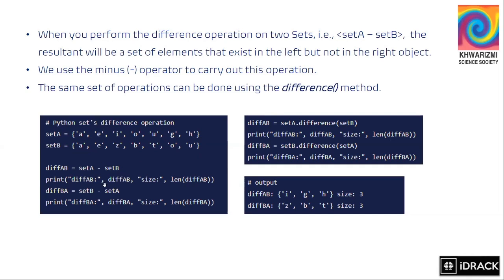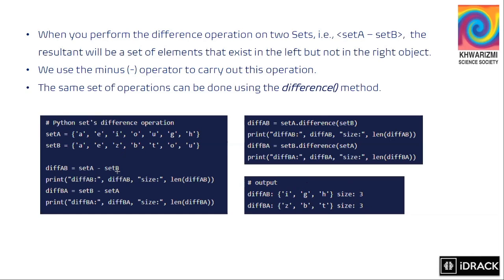You can again do it either using the minus sign or using the difference method. It's simpler to write it as a subtraction rather than in this form, but again, it's your choice completely. When you subtract, it's going to give you this output, and it's going to tell you what size it is.